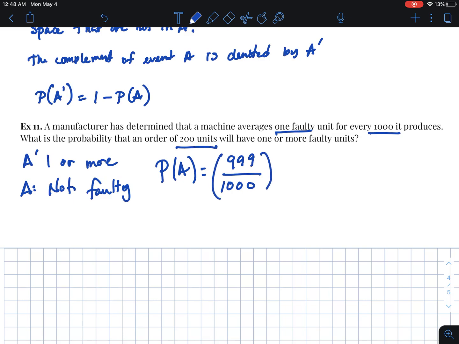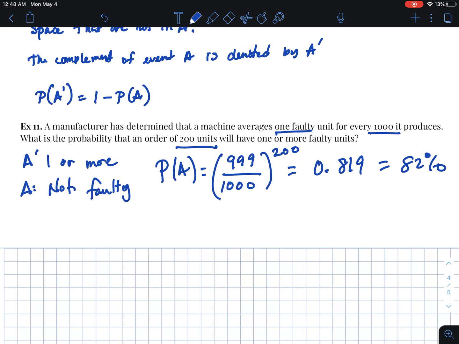So we'll just do that and put it to the 200, because we don't want to do 999 over 1,000 200 times. And that's going to give us 0.819, so about an 82% probability that you will actually have them being good, not faulty.